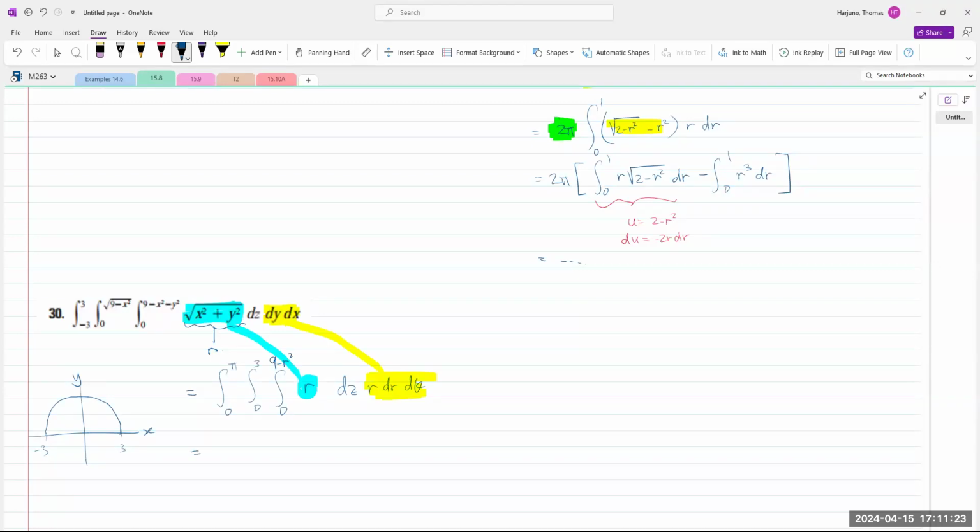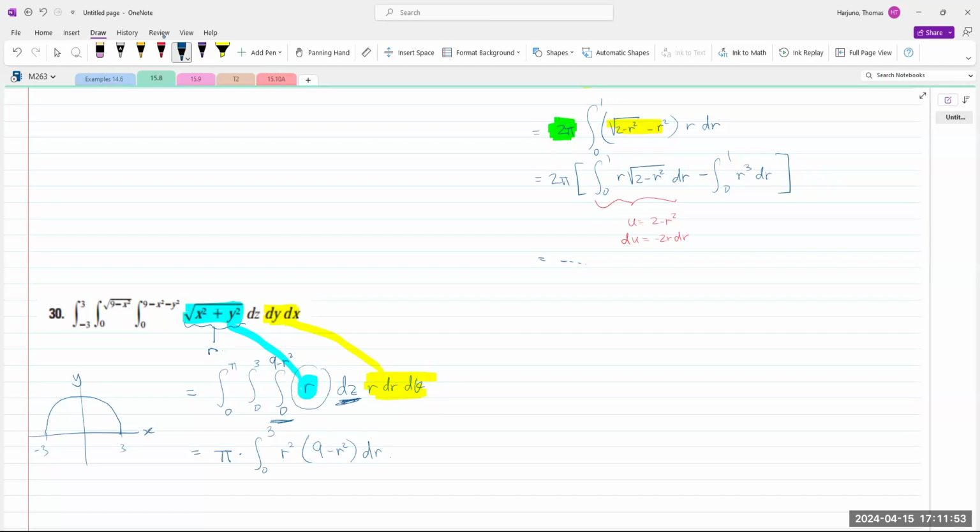That's the setup. So that will be pi integral from 0 to 3 r squared (9 minus r squared) dr. Again, notice that dz here is just the length of the interval because the integrand happens to have no z.